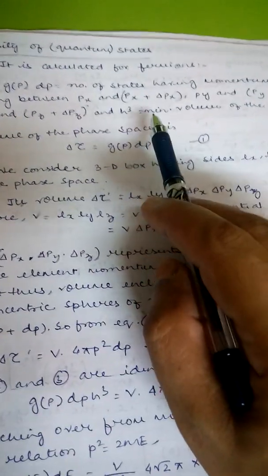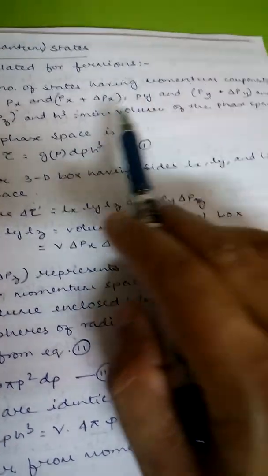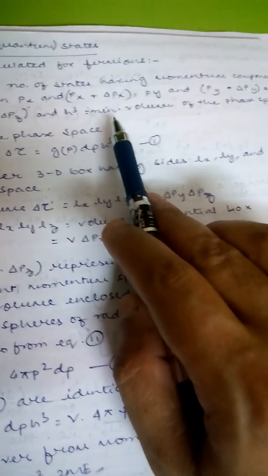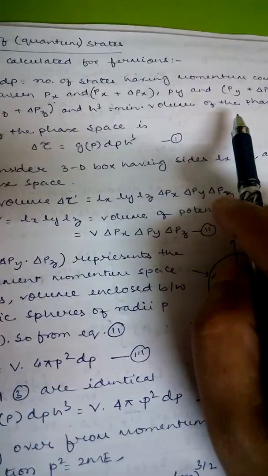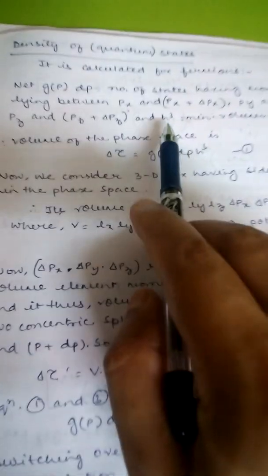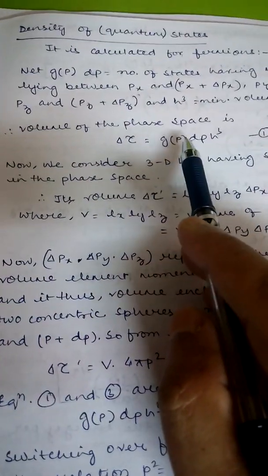And h cube is the minimum volume of phase space. Calculation reveals that h cube, the cube of the Planck constant, is the minimum volume of the phase space. So if we multiply h cube with g(p)dp, it will give the volume of the phase space.